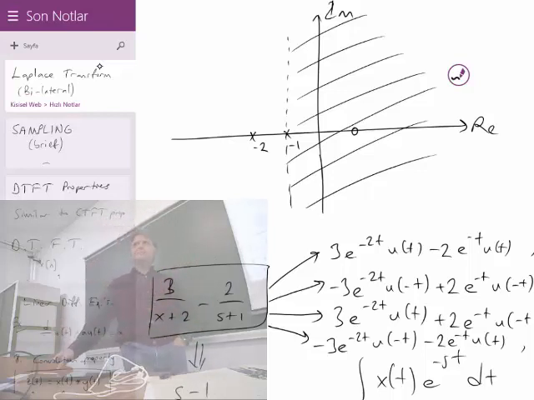Now, what does a zero mean? I mean, physically, if it's a system at s equal to 1, what's that? At s equal to 1, it means sigma is equal to 1 and omega is equal to 0, by the way. Look at that. Omega is equal to 0, sigma is equal to 1. So it is e to the t signal.